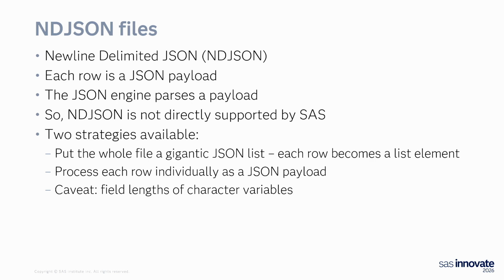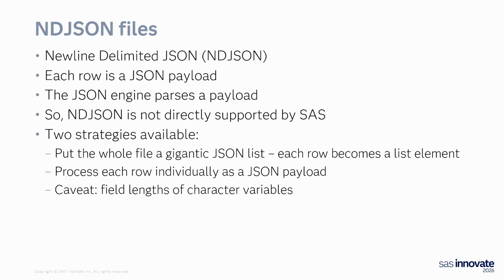So, at least two strategies available. Happy to hear if people have some other ones. One is that you can take the NDJSON you got back and make it a gigantic JSON list or array, right?